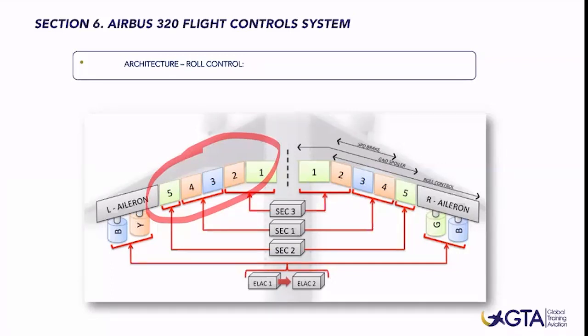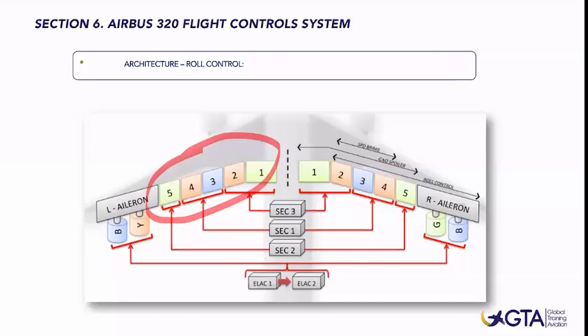The difference is that depending on the roll rate demanded by the pilot through the side stick movement, the computers, the ELAC 1, will evaluate these pilot inputs, and the computers will decide if they deploy the spoilers or aileron to perform this roll turn.